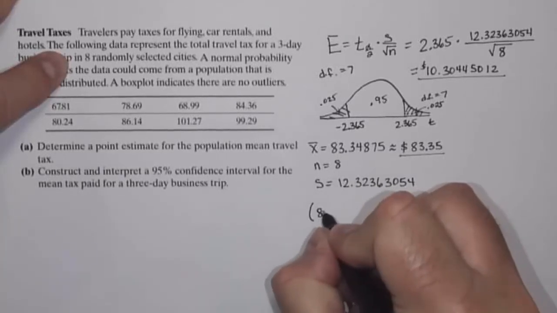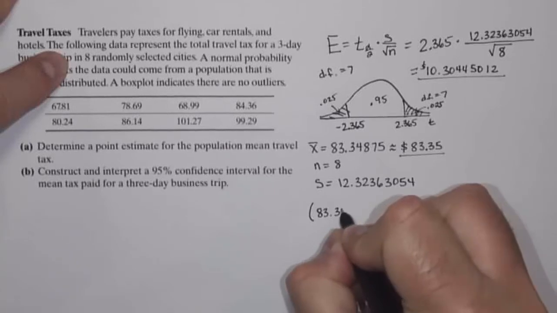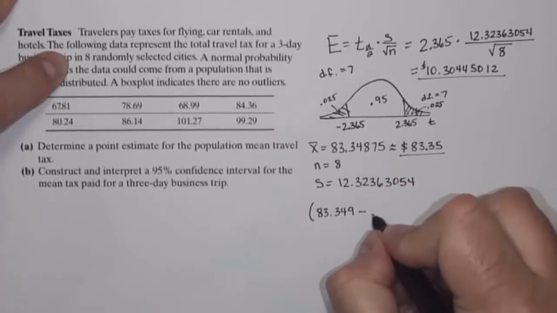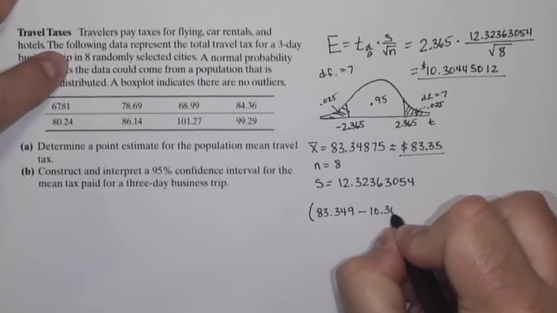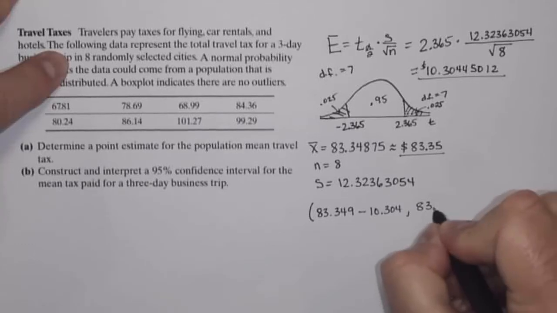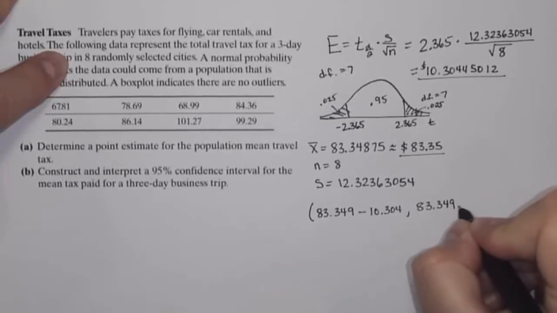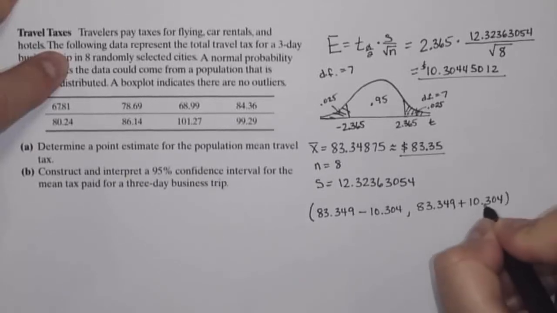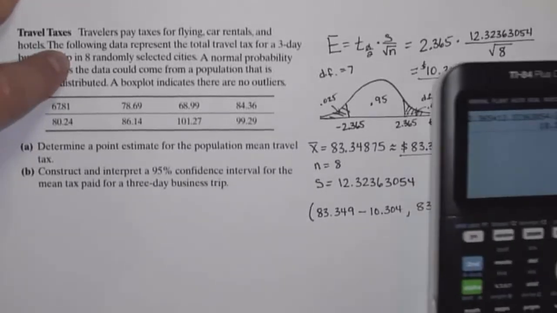So this is going to be 83.349 if I round to 3 places here, minus 10.304 if I round to 3 places, and 83.349 plus 10.304 if I round to 3 places.